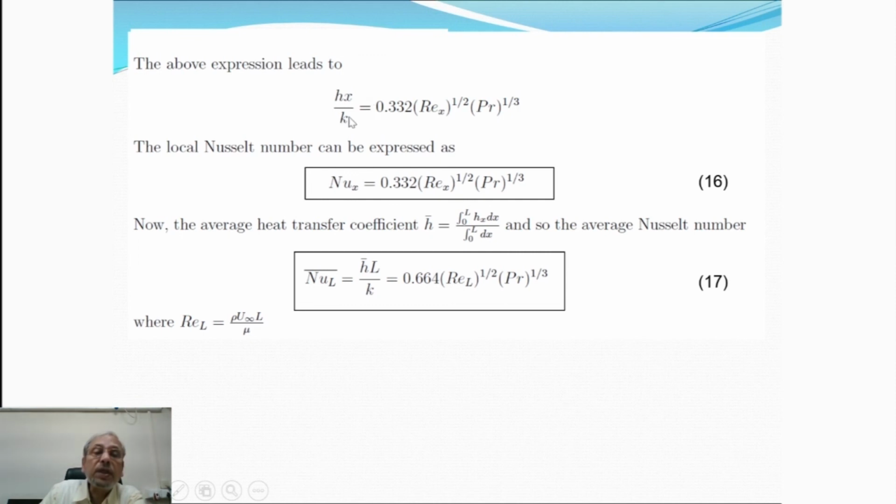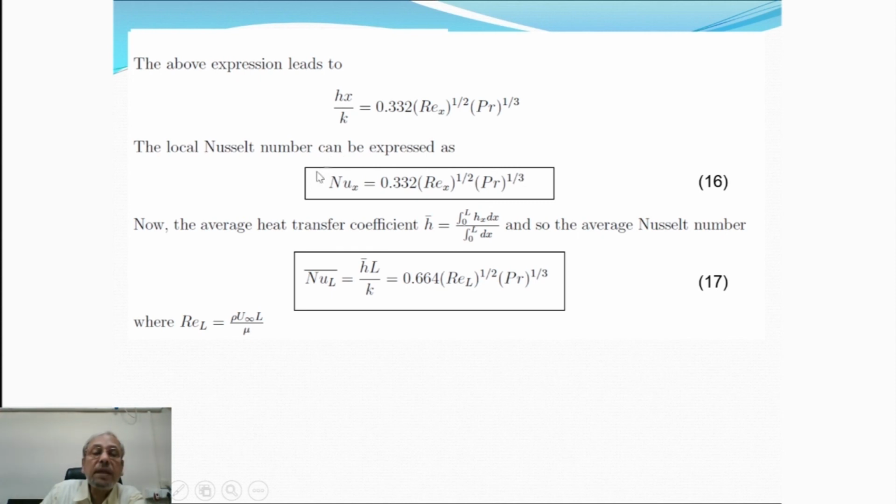So the local Nusselt number, that is Nusselt number at any x from the leading edge, is given by 0.332 Reynolds number at that x to the power half into Prandtl number to the power 1/3.